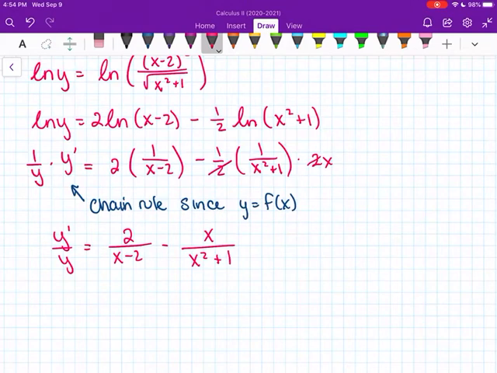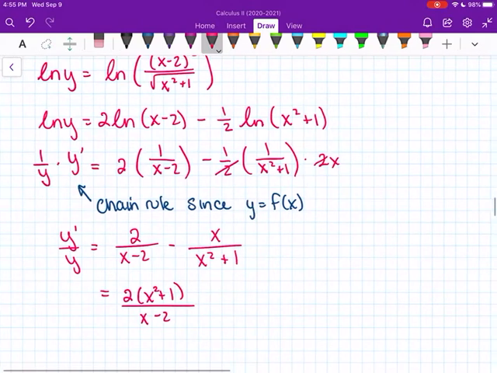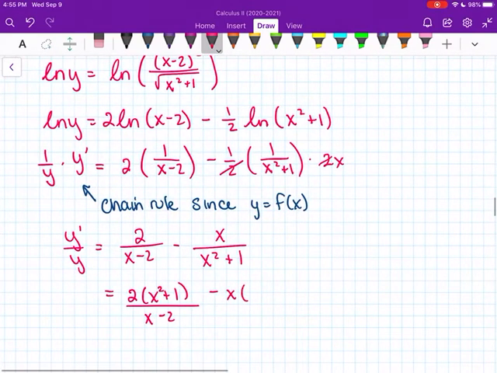So the next thing we're going to do is find a common denominator and combine these into one fraction. Okay, so I'm going to multiply the first fraction by x squared plus 1 over x minus 2, minus x times x minus 2, times x squared plus 1.